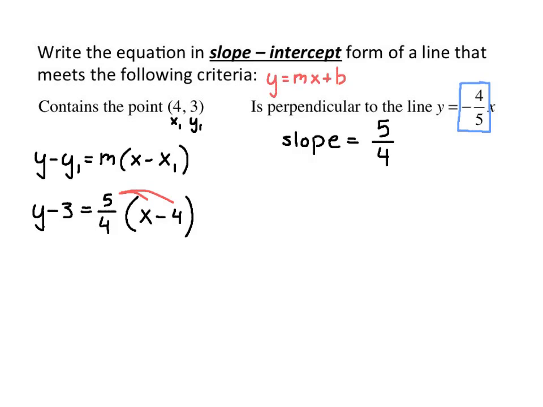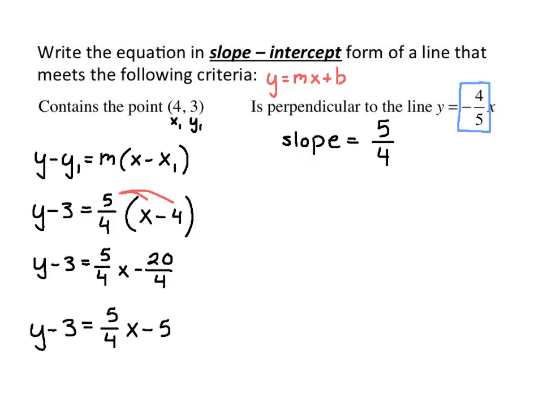So distributing through, I still have the y minus 3 equals, and 5/4 times x is just 5/4 x, and 5/4 times -4 is -20/4. Luckily, this is a fraction we can simplify, because 20/4 simplifies down to 5, so 5/4 x minus 5.